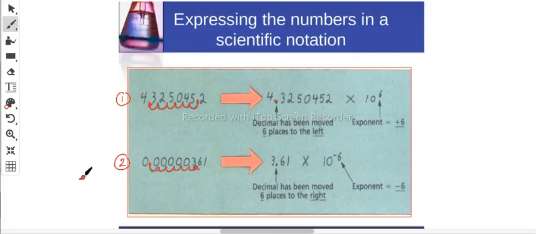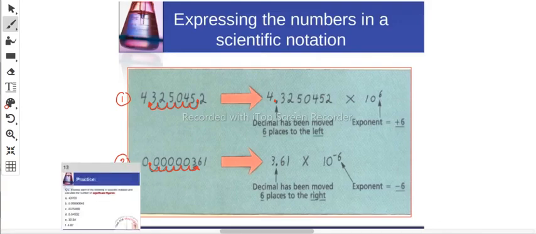So your final answer is 3.61 times 10 to the power of negative 6, to the exponent of negative 6. So you can consider we have two different ways to rewrite the number into scientific notation. You can move either to the left or to the right, and you need to be familiar with the exponent being positive or negative.